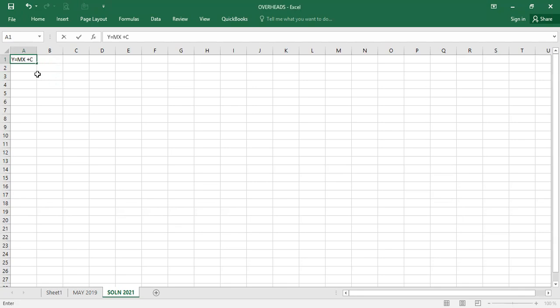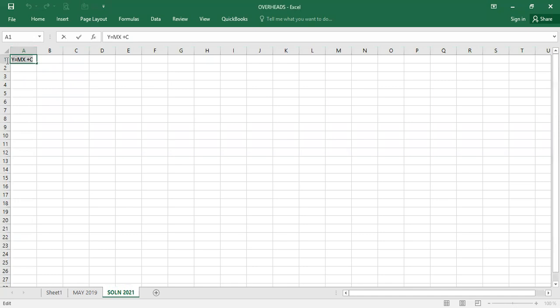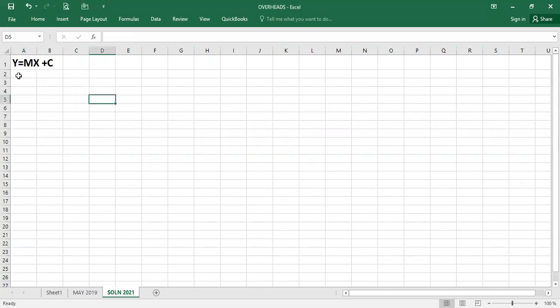This c was the constant, m is the gradient, x is the x coordinate, and y is the y coordinate.